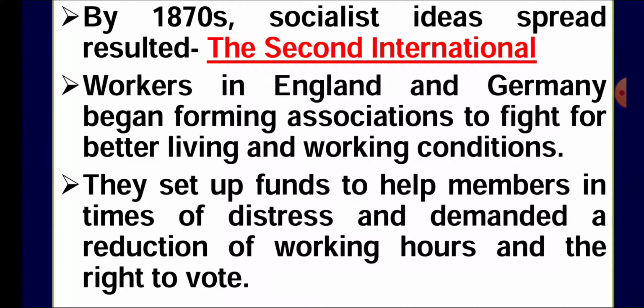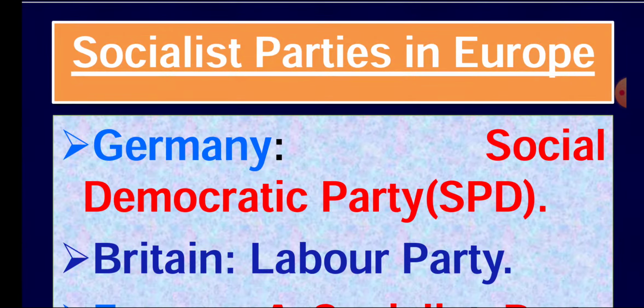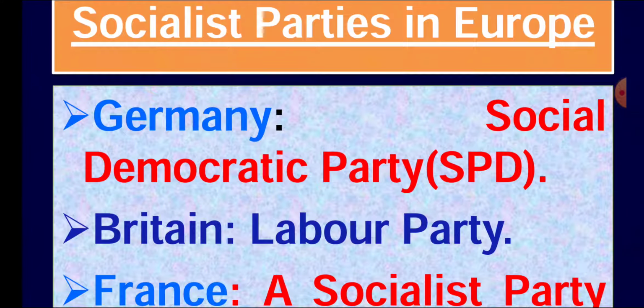This was the time when they started their demands. Because of these organizations and associations, many socialist parties were formed in different parts of the countries. In Germany, the Social Democratic Party, SPD, was formed.